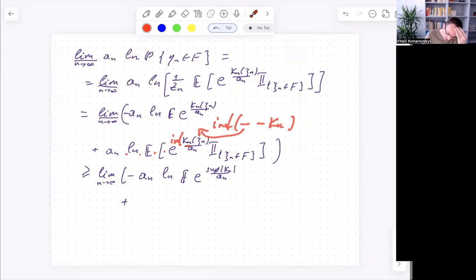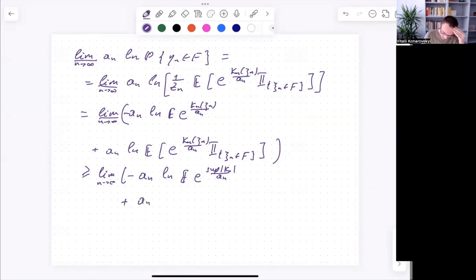So you will have minus supremum of minus K, but this you can estimate by minus supremum of the absolute value. So therefore we have here larger or equal than plus a_n, the logarithm of the expectation of e to the power minus supremum of k_n divided by a_n.